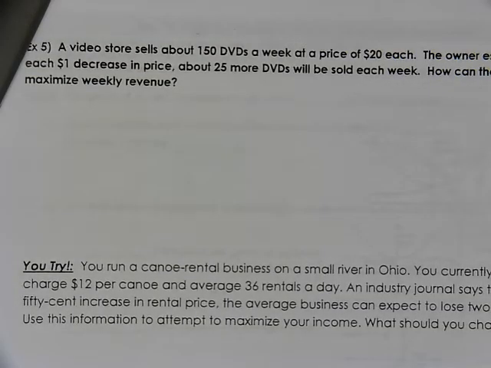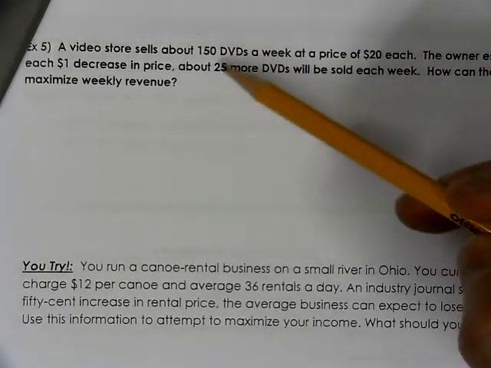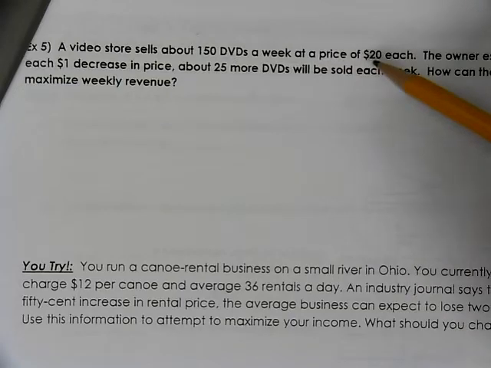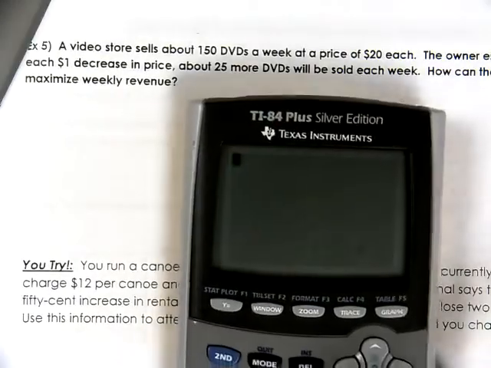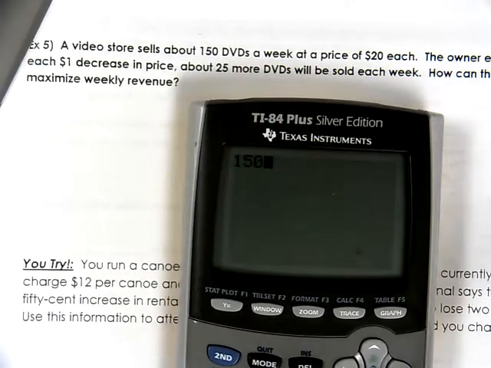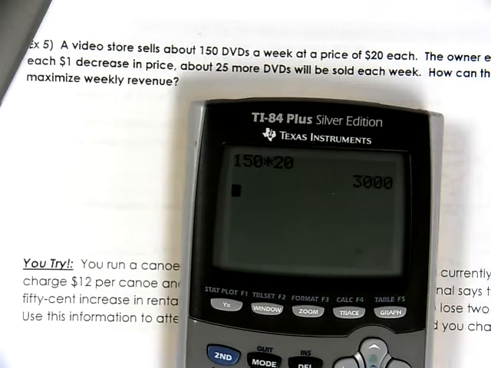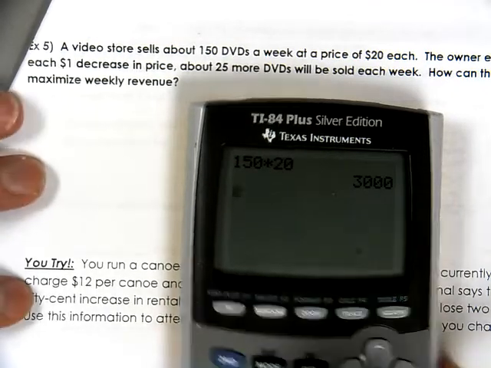Okay, on the flip side, we're looking at a video store that sells 150 DVDs a week at a price of $20 a piece. So we're talking about revenue. And the revenue in that case, 150 times $20 a piece, gives you $3,000.